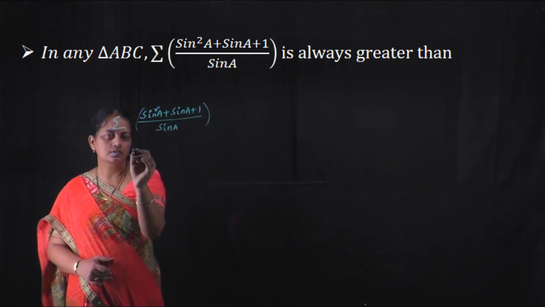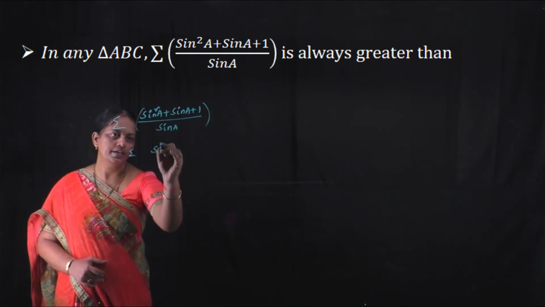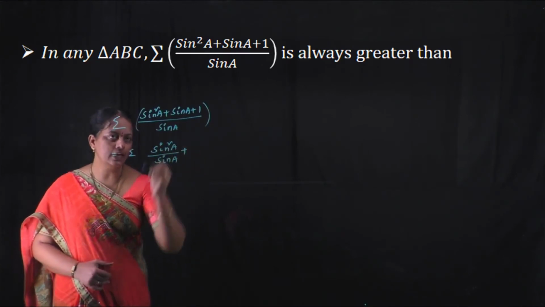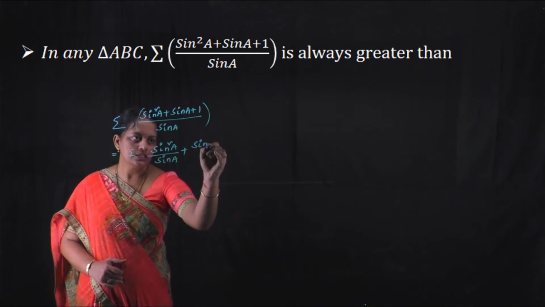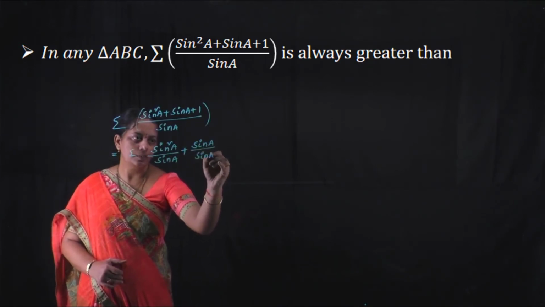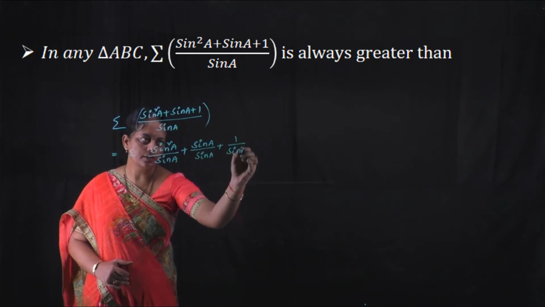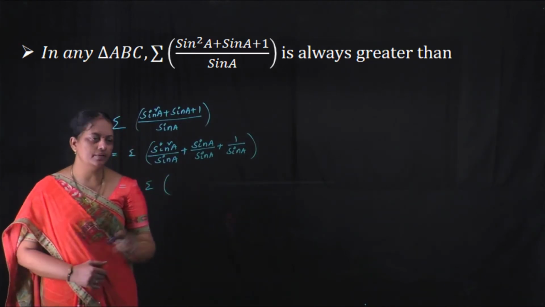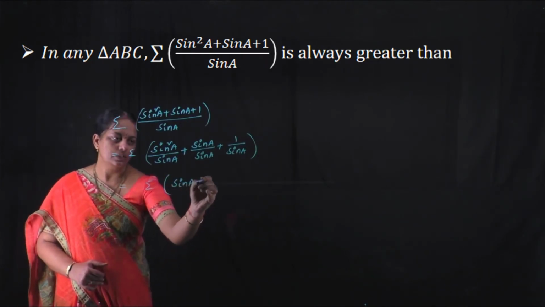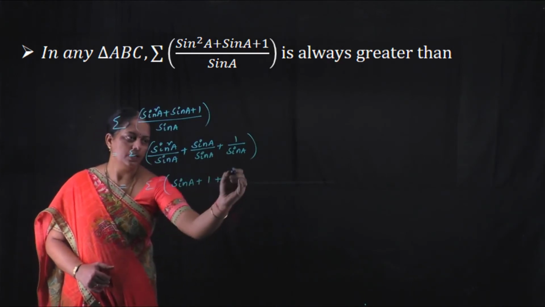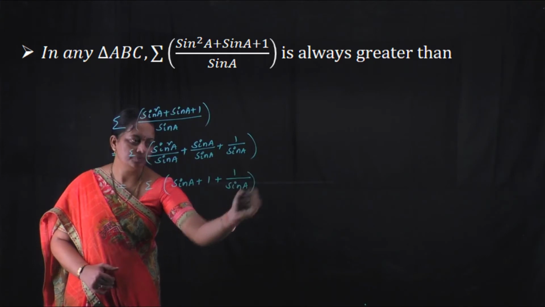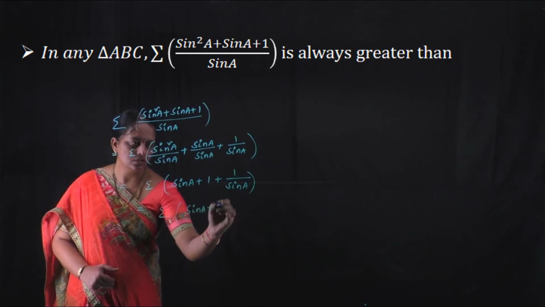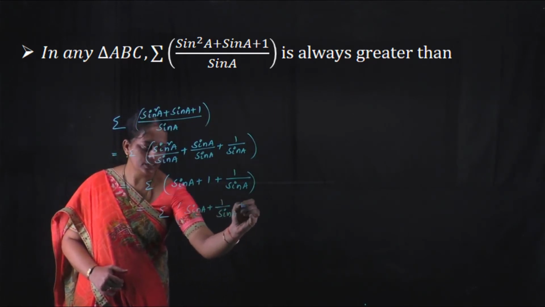It can be written as sigma of sine square A by sine A. By splitting into three parts, you can write sine square A by sine A plus sine A by sine A plus 1 by sine A. This is equal to sigma of sine A plus 1 plus 1 by sine A. It can be written as sigma of sine A plus 1 by sine A plus 1.